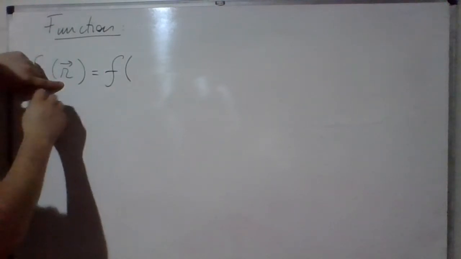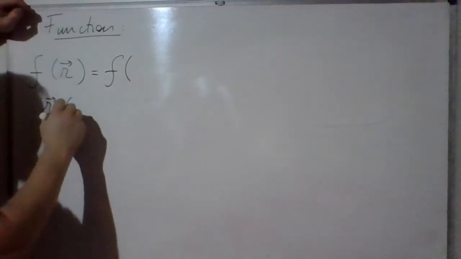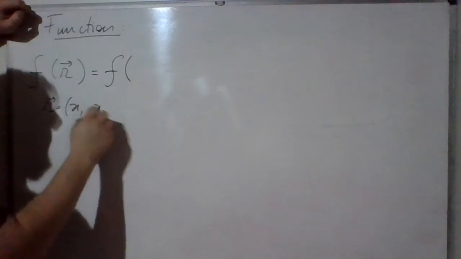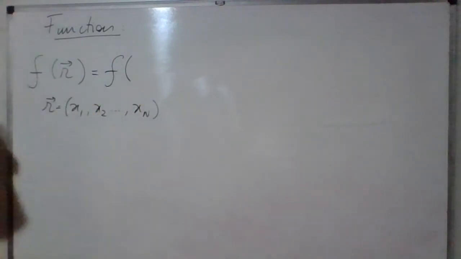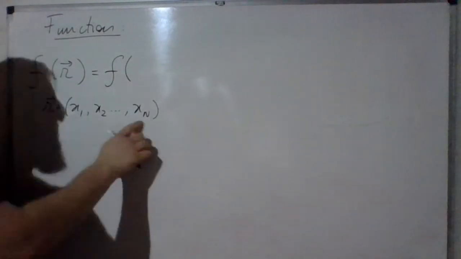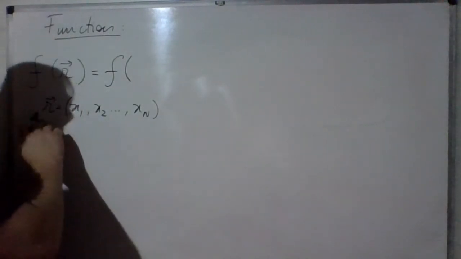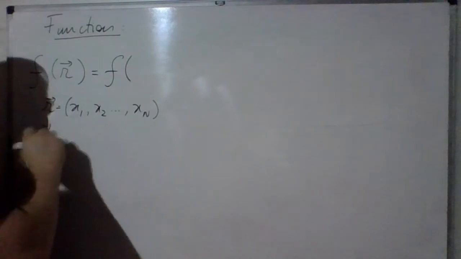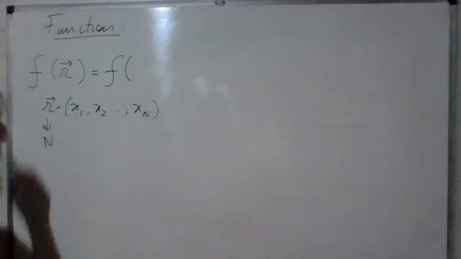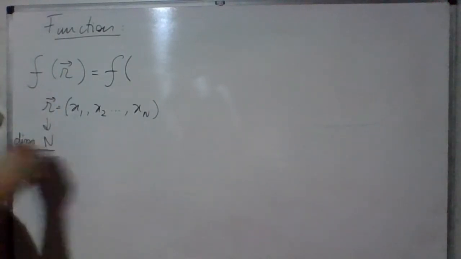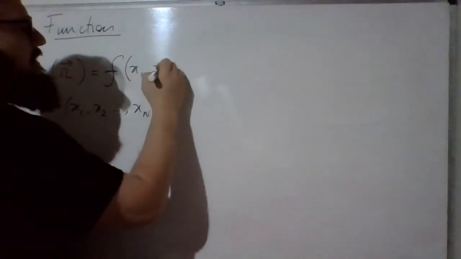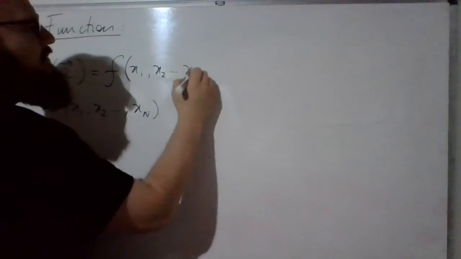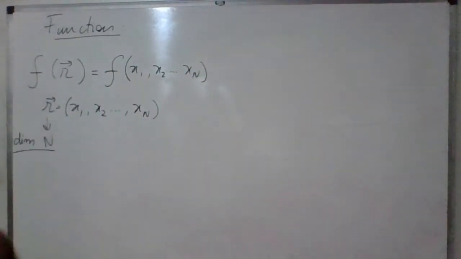So r is composed of x1, x2, till you reach the nth component. So r has dimension n. Okay, and this is a function of x1, x2, and so on, xn.